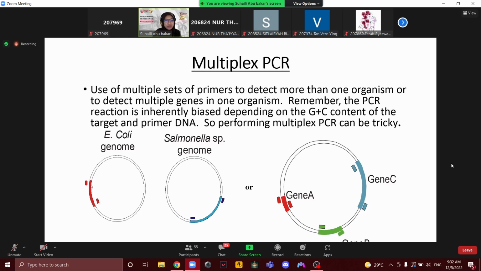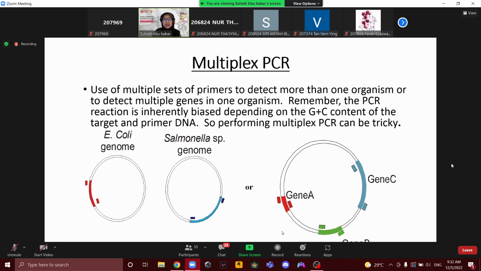If you look at this picture, it looks like a different length. When we are using the same PCR primer, it will amplify at a different location, according to the complementary sequence to the primer.